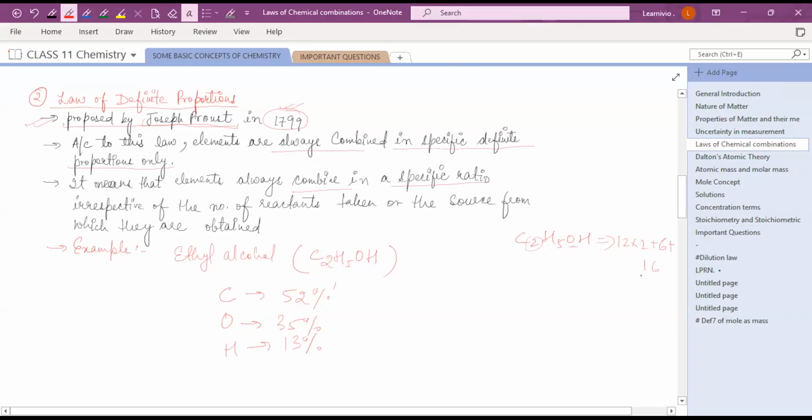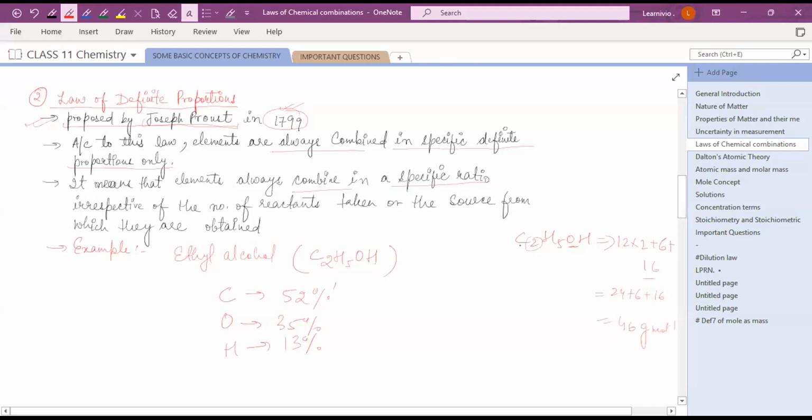Only 1 oxygen, so 16 for oxygen. 24 plus 6 plus 16. 30 plus 16, you will get 46 over here. 46 gram per mole.